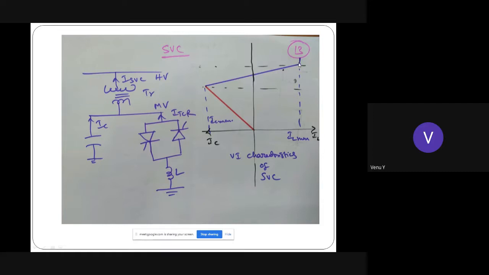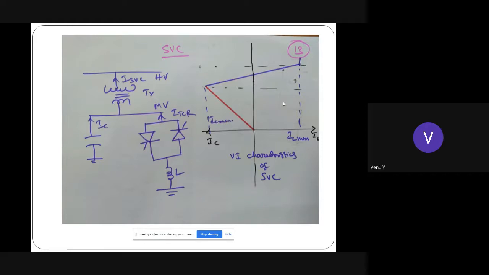Beyond which you cannot operate the SVC. If you operate the SVC at fault conditions, the crossing point is 1 pu, and here it is starting from 0. During fault conditions, the operating voltage may be a very low value, 0.3, 0.2, 0.4, like that. During those conditions, the performance of the SVC, static var compensator, is very poor. Therefore, it is not suitable for dynamic performance improvement.